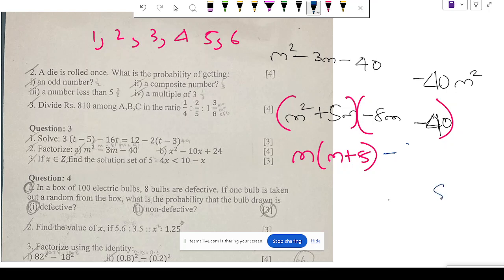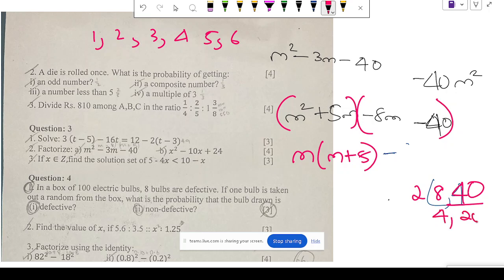HCF, sir. 8 and 40. How do you check? 2, sir. 2. Next.